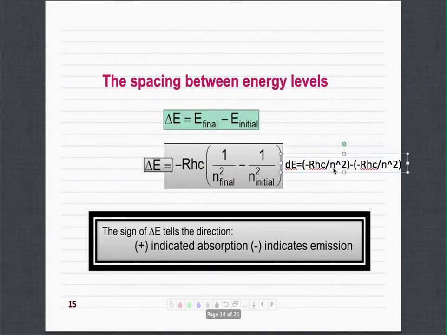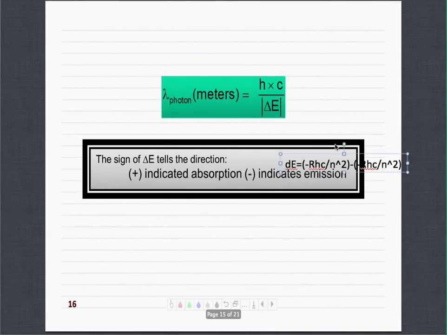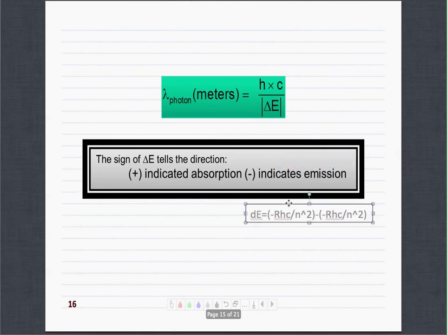Now, from delta E, we can know the wavelength, that means the light that we're going to see. We know that the energy equals hc over lambda. Therefore, lambda is going to be hc over the absolute value of delta E. We put the absolute value because the difference in energy between the levels can be plus or minus. We take the absolute value because there is no wavelength which is negative.